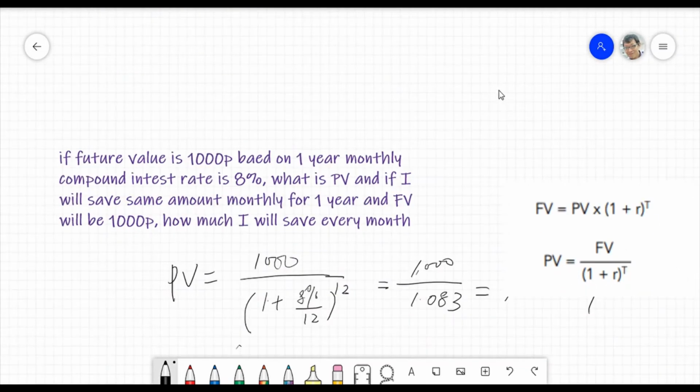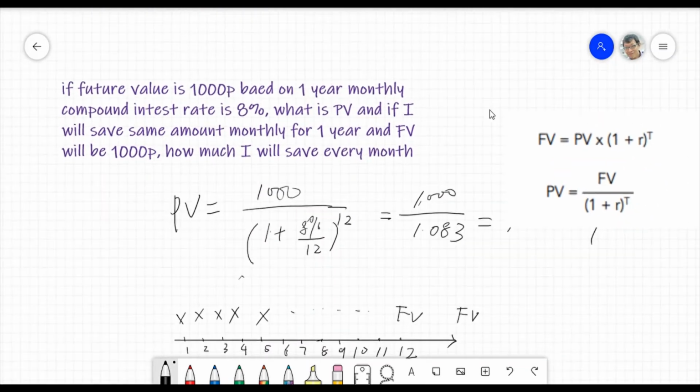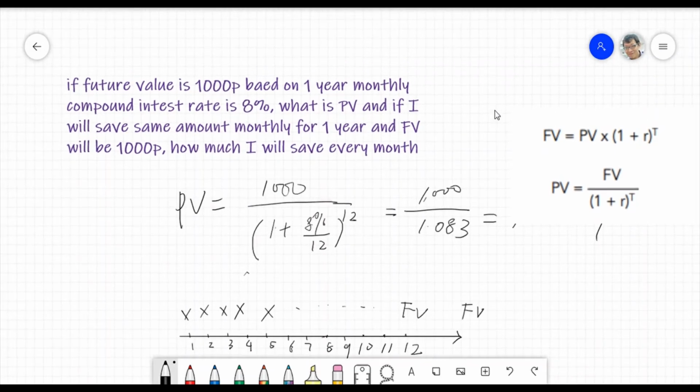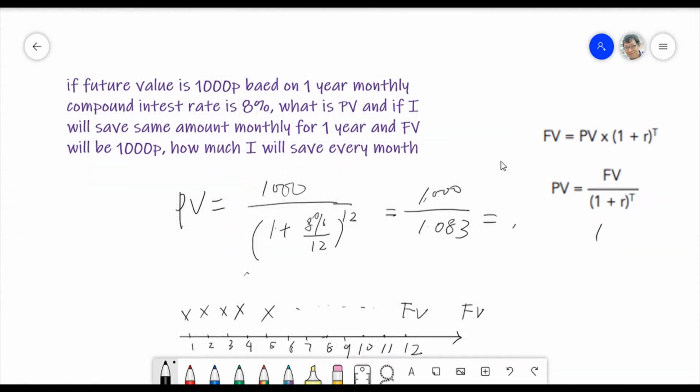Now I give you two more examples. The first is easy. The second, the comparison is hard. If the future value is 1,000 based on 1 year monthly, here monthly compound interest rate is still 8%, what is the present value?